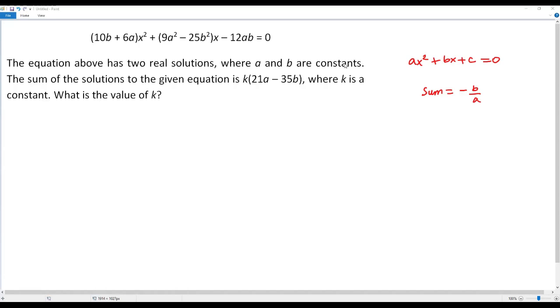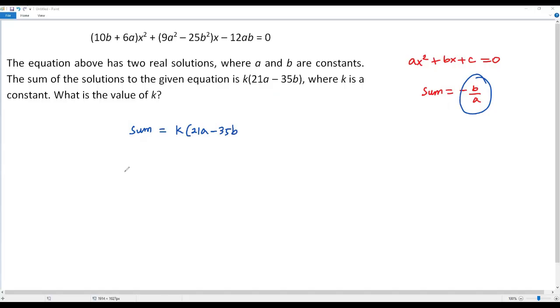Okay, now let's consider the information we have over here. The sum of the solutions to the given equation is k times (21a − 35b). That is, the sum of the two solutions equals k(21a − 35b). For this sum, we can use the formula.